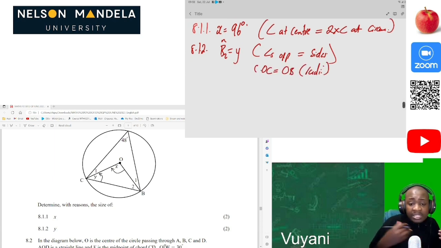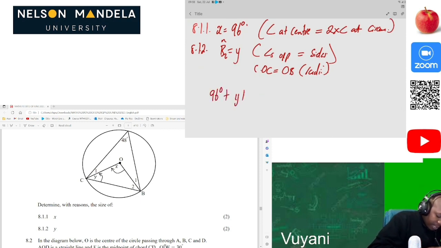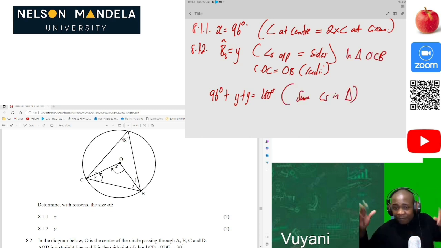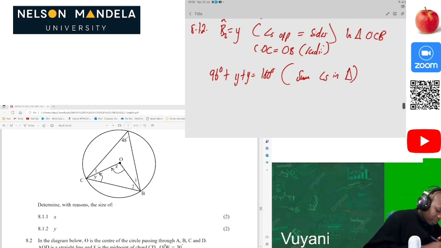So now we can sum all the angles. We can say 96 degrees plus y plus y is equal to 180 degrees. This is in triangle OCB. What's the reason? Sum of angles in a triangle. The beauty of Euclidean geometry, because we are summing everything in the triangle which we have formed. So this will be 96 degrees plus 2y is equal to 180 degrees.